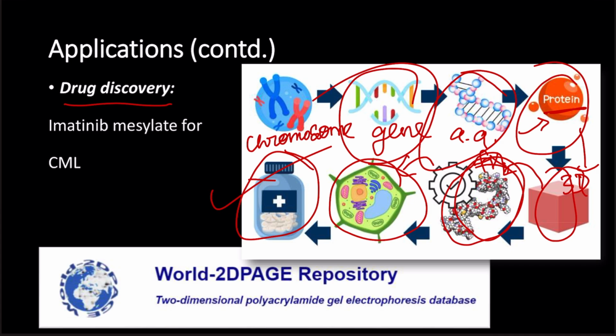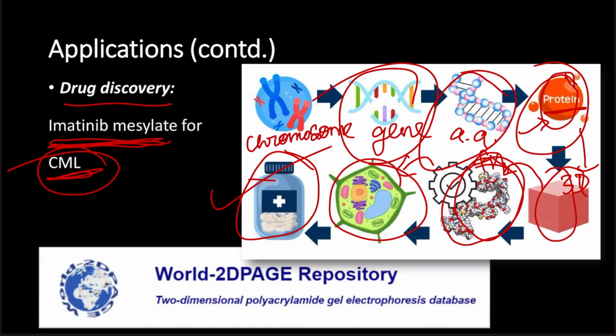One such example where bioinformatics has played a great role in the development of new drugs is the development of imatinib mesylate. This is a drug which is used for the management of chronic myeloid leukemia, that is it inhibits the formation of the defective protein seen in chronic myeloid leukemia.